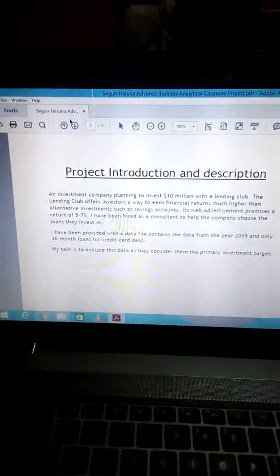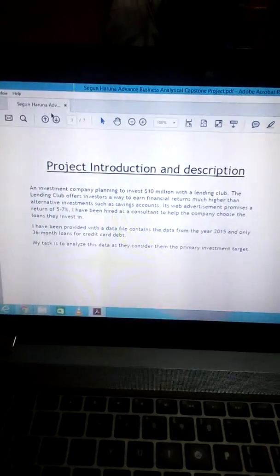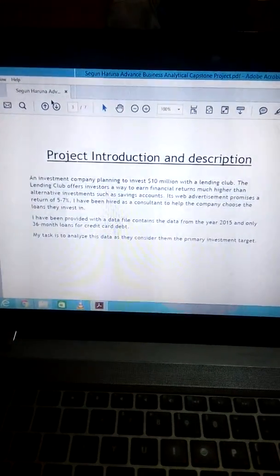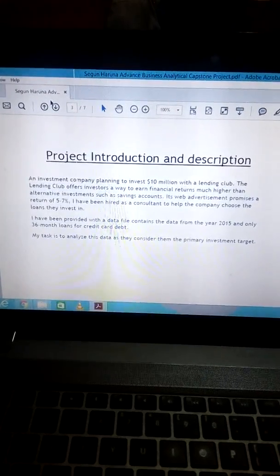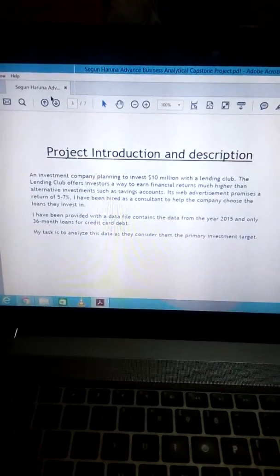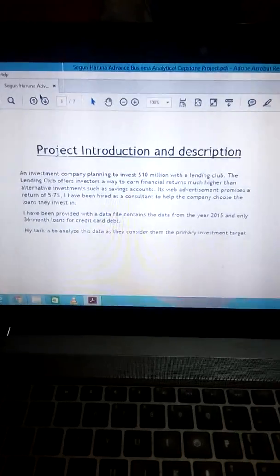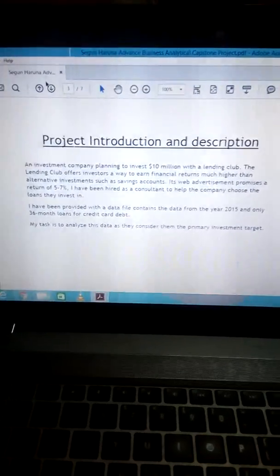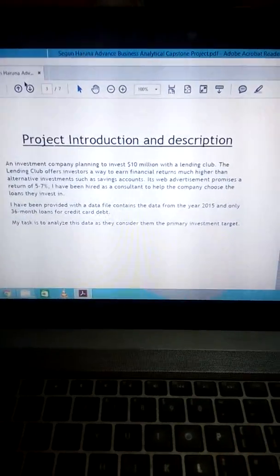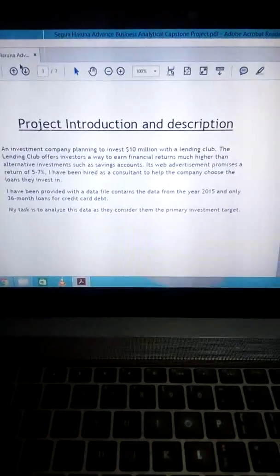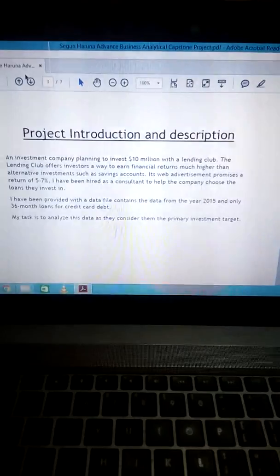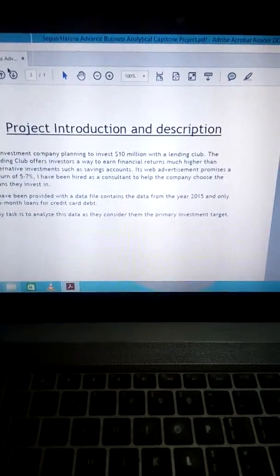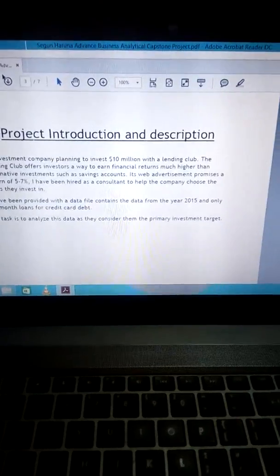I've been hired by an investment company that is planning to invest 10 million naira into a lending club, and my job here is to help analyze the data from the year 2015, which has about a 36-month loan for credit card debt.